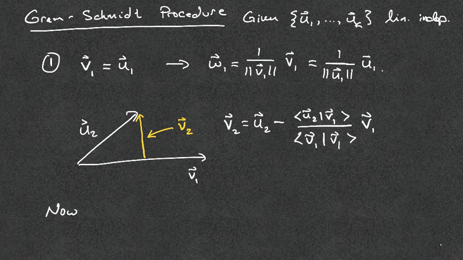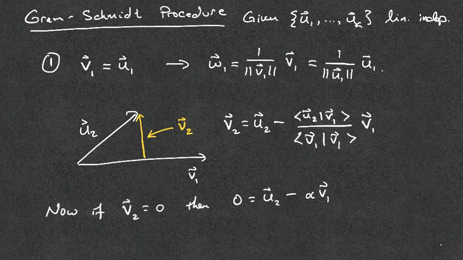Now, if it were the case that v2 happened to be 0, then it would mean that we had an expression like this: u2 minus this scalar alpha times v1 was going to be 0.